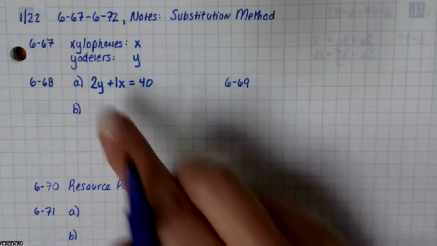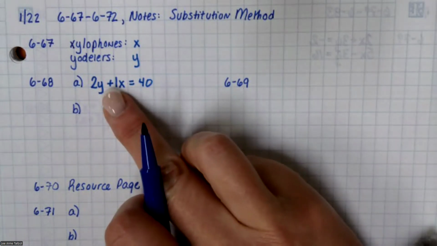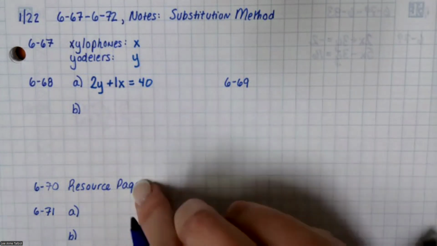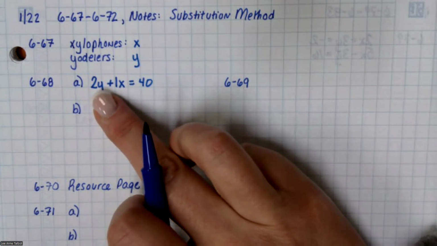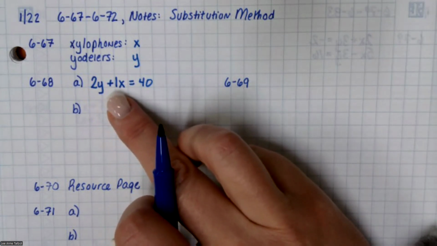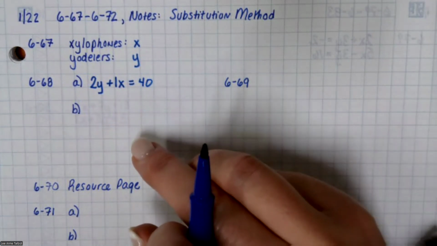Okay, so what will work here for Y and X? Two times something and plus 1 times something. What could I plug into those to get 40?